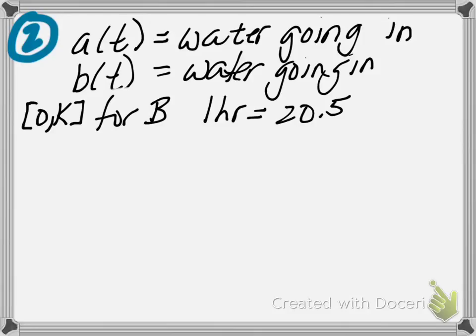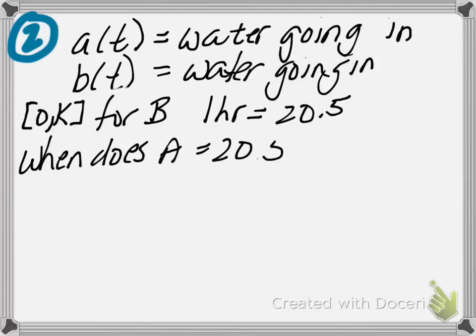So this is the part where I don't know how you would figure this out, but I'm just going to give you the answer and you do what you want with it. What you have to do to solve this is to say, when does tank A equal 20.5? When will those two be the same?